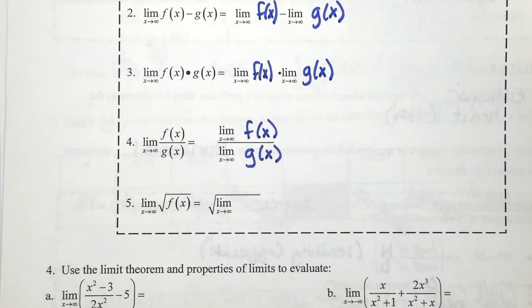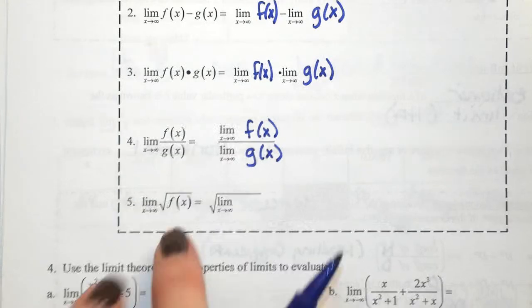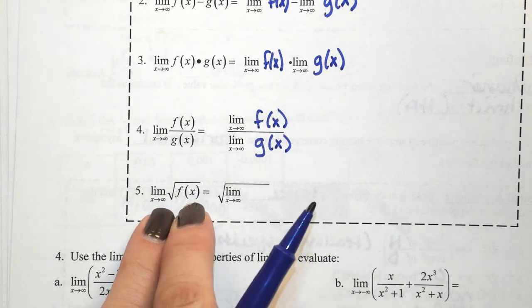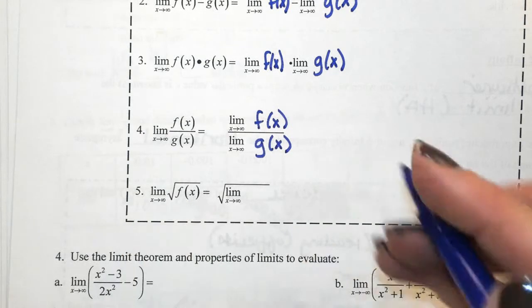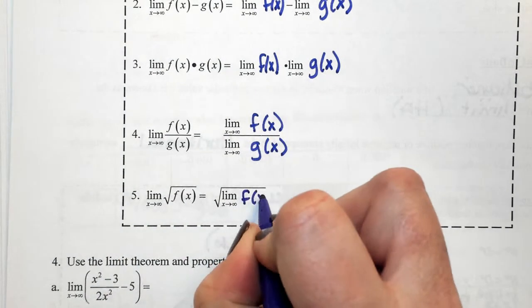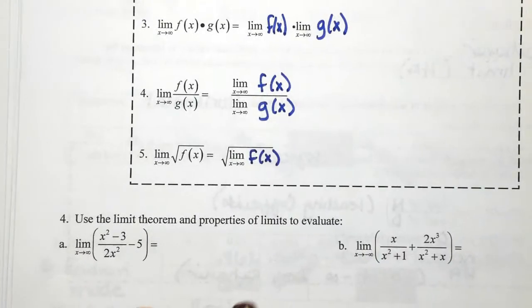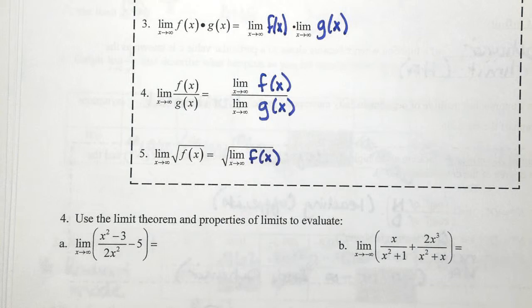So find the limits individually and then divide them. If you're asked to find the limit that involves a radical, you can just find the limit of whatever f of x is and then take the root of that particular number. Okay? So these are properties of limits that we can use.